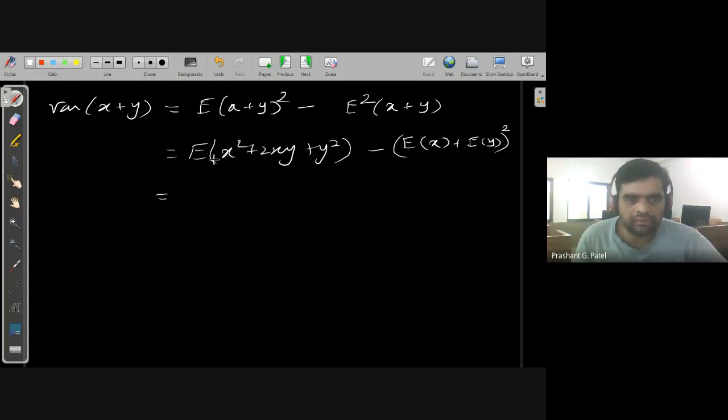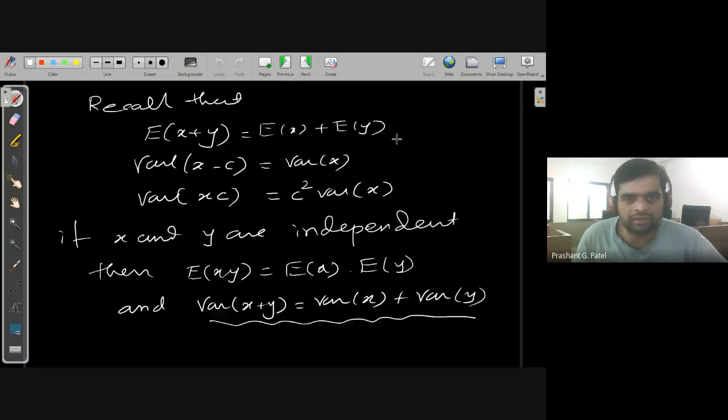So we can write E of X square plus E of 2XY plus E of Y square, as we have used the first quantity.